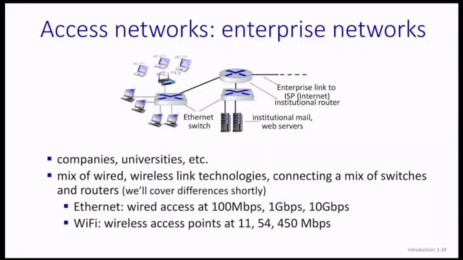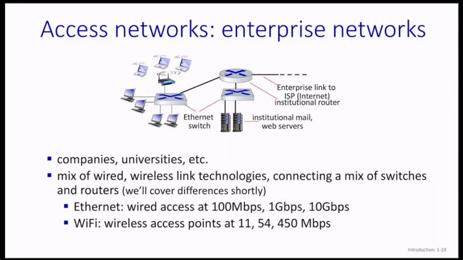Previously we discussed the home access network and the wireless access network. Here I introduce the enterprise access network, like our college, ECS. What's the architecture of this access network?